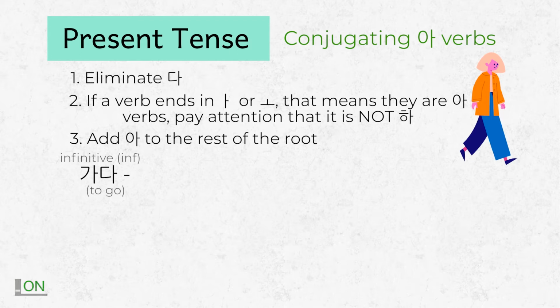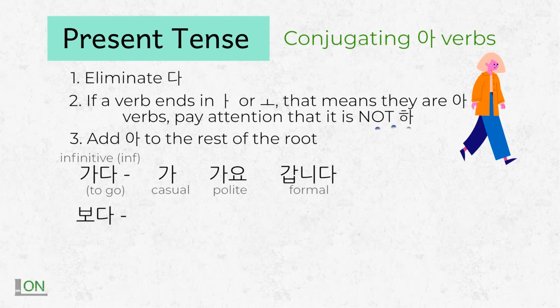Also pay attention that in Korean, there are three types of speech: casual, polite, and formal. So we will be conjugating all of these following examples into all of these three forms of speech. In casual, this will be 가, polite 가요, and formal 갑니다. Next example is 보다, to see.